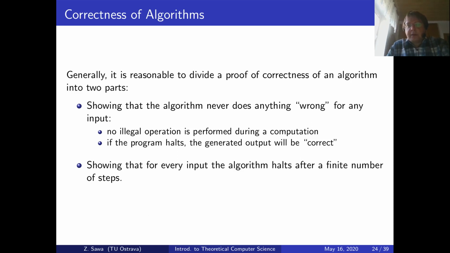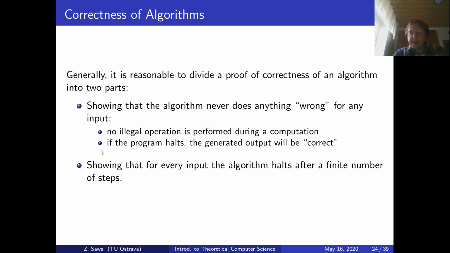Again, in practice, depending on the particular algorithm, some of these parts could be trivial or quite obvious, so it may not be necessary to give a precise detailed proof of it, but in general, both things should be proved if we want to be sure that the algorithm behaves correctly. So let's concentrate at first on this first part.